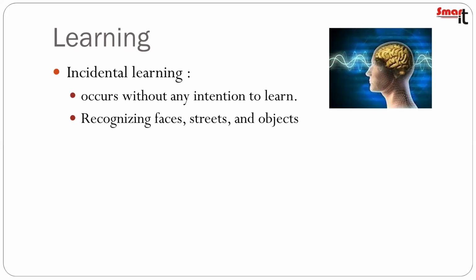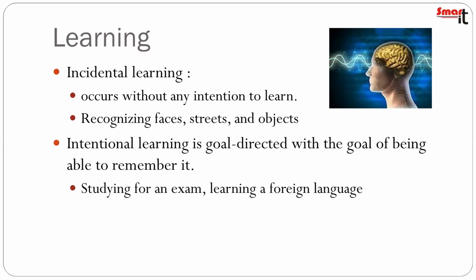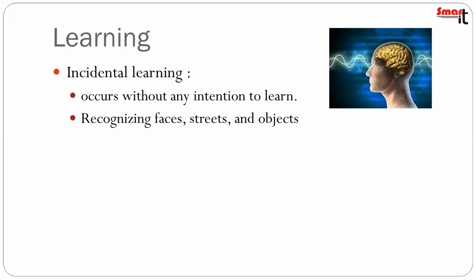And learning is not just getting the diploma or the degree, PhD, MSc, no. There are two types of learning, incidental learning and intentional learning. Incidental learning occurs without any intention to learn. You are not going to learn deliberately, but you are learning some things. Sometimes we call that informal learning, incidental learning.